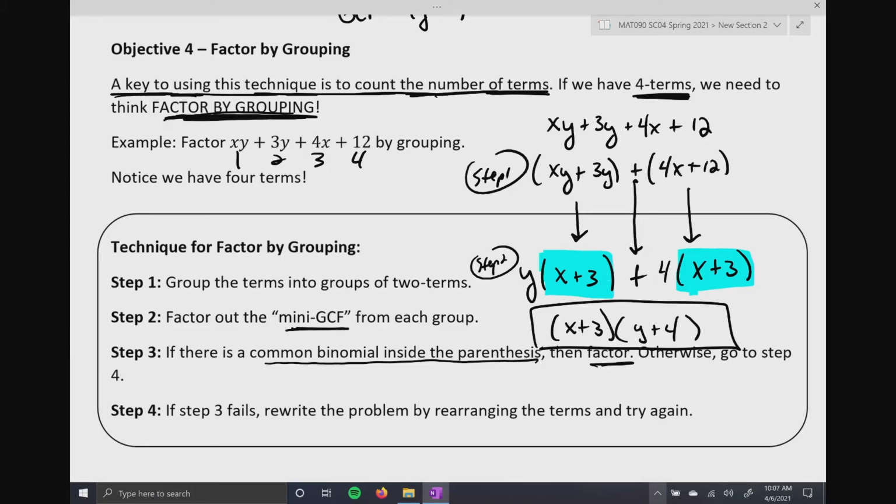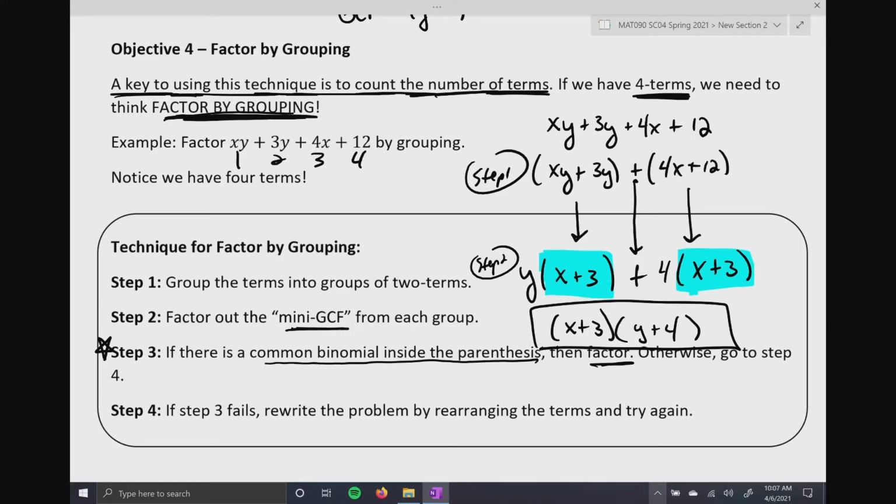This technique of factor by grouping is so important because we will use it a lot. Okay? What's also nice about factor by grouping, and I'm going to put a star right next to step 3. Step 3 is like a built-in check system.